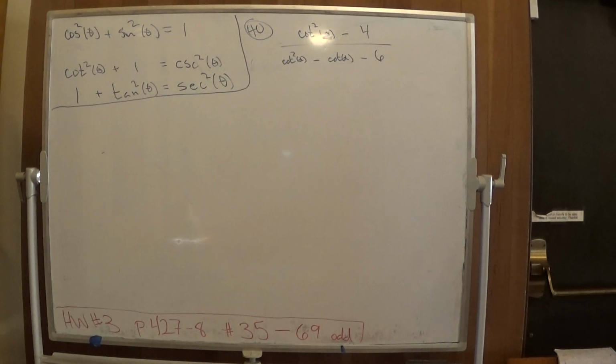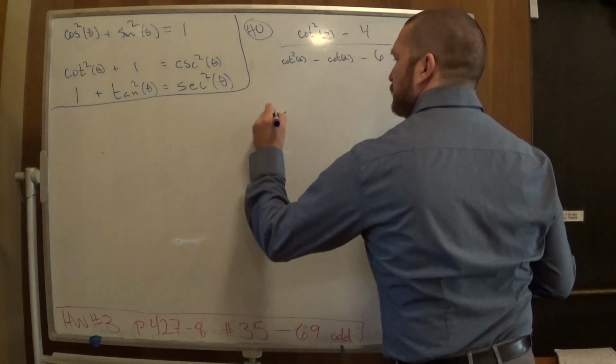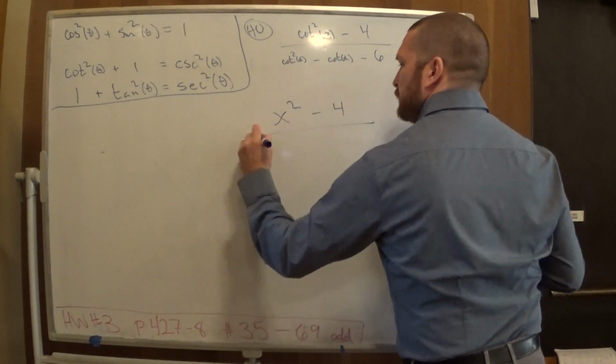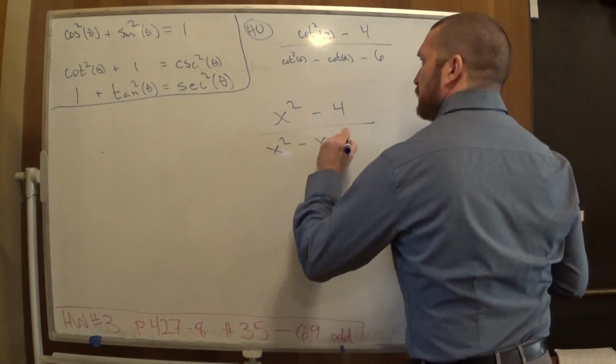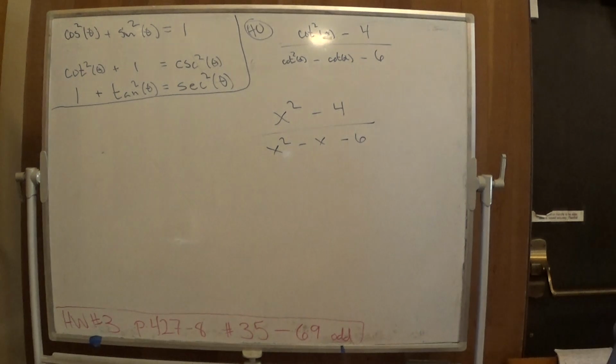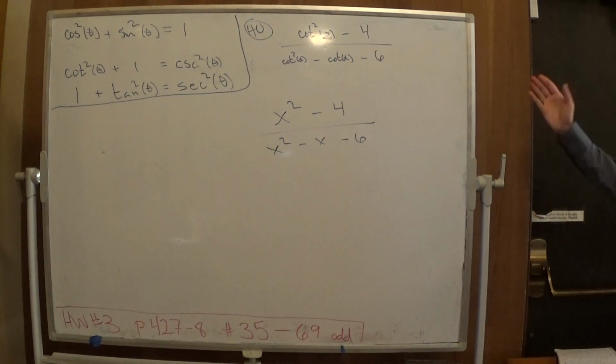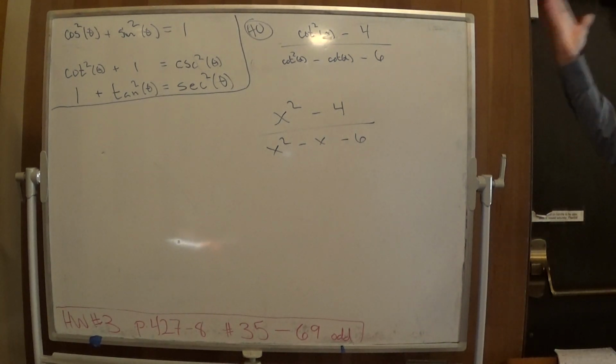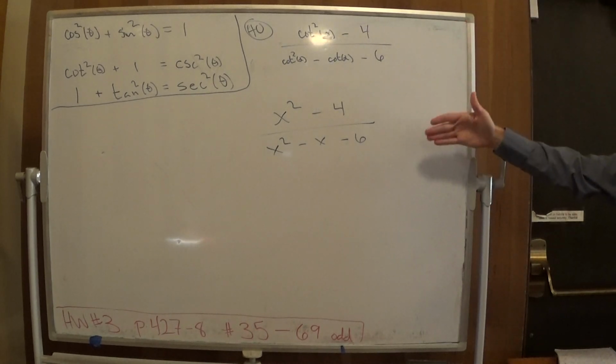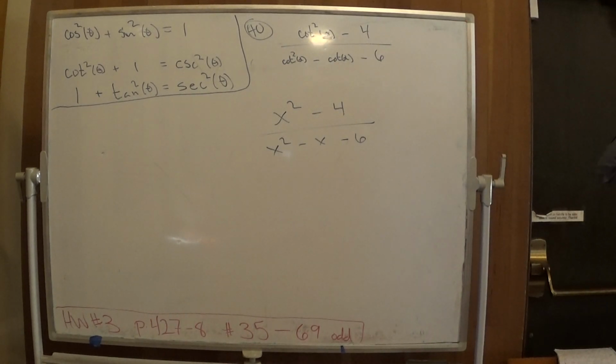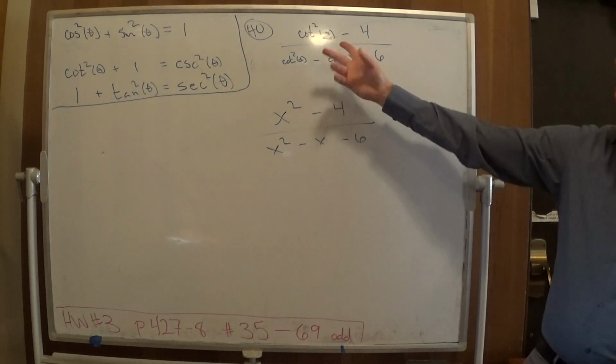We can break up the cotangent squared into... wait, no. What if I had written this? If I told you to simplify, this works the same way. And this is something that we're going to encounter over and over again in this class, is that this is just, like I said, some number.